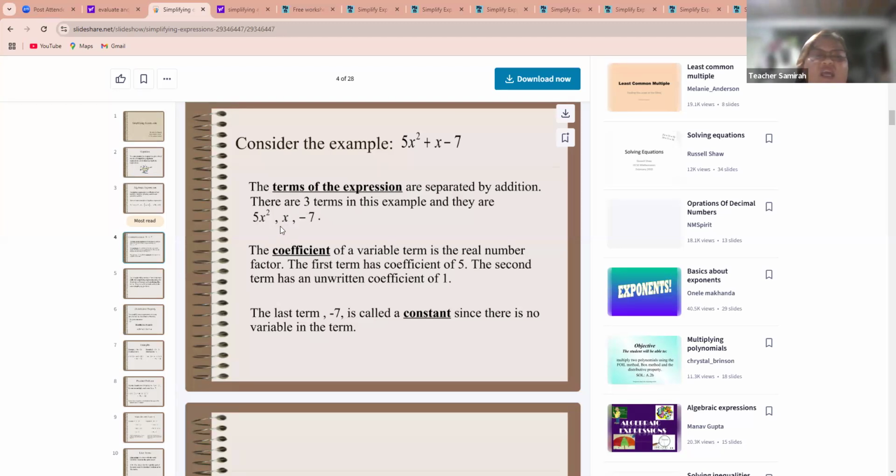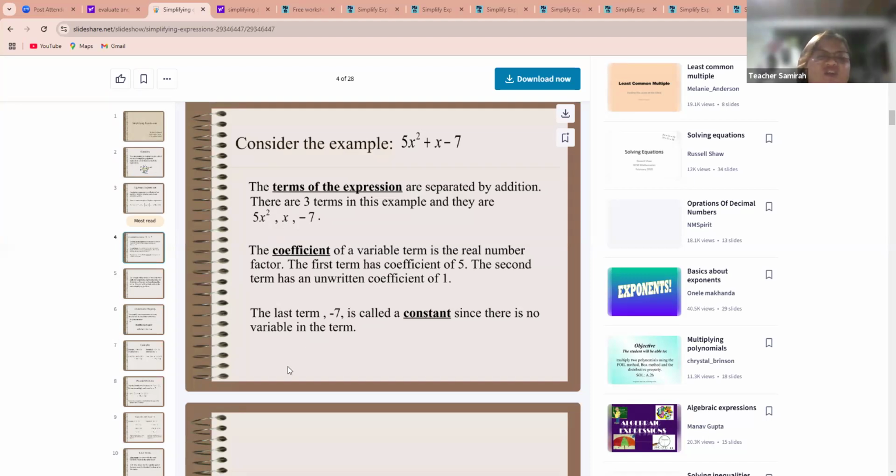When we have a variable which doesn't have any number at all, then it must be 1. We cannot see any coefficient, therefore the coefficient here is 1. You cannot see any power or exponent, meaning the exponent is also 1.